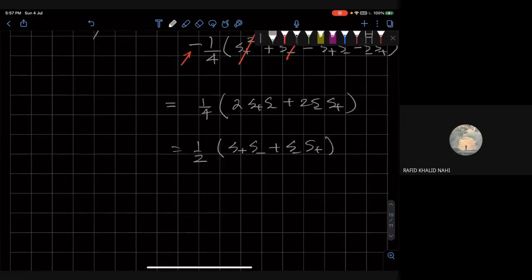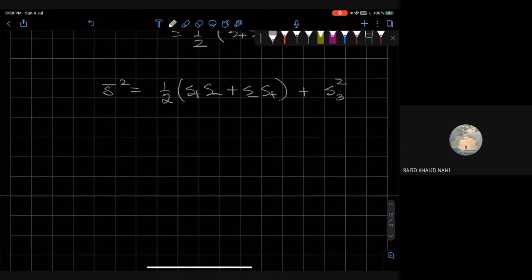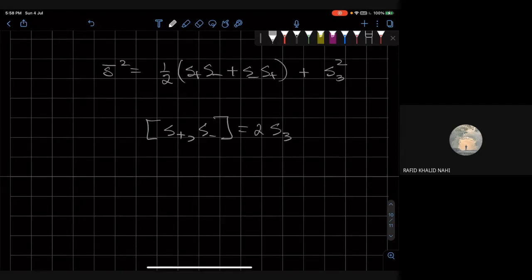Okay, so I have S squared is going to be half S plus S minus plus S minus S plus, plus S3 squared, okay? Now, remember the algebra that S plus S minus minus S minus S plus is 2S3.